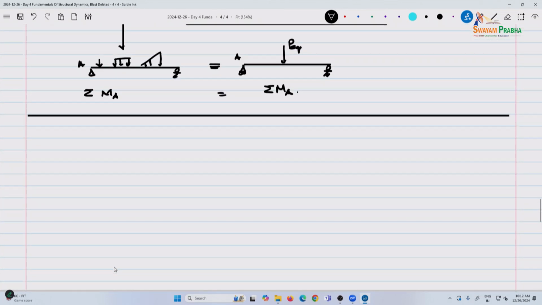Then let's look at some fundamental structural dynamics. We use a spring damper system.